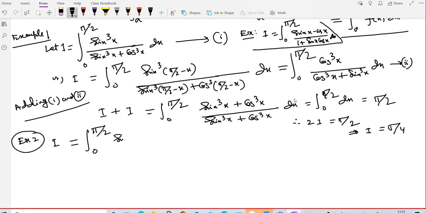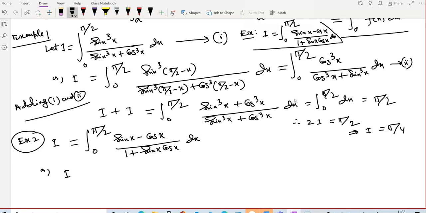The integral from 0 to pi by 2 of sin x minus cos x. Always you take this form. In most of the sums, third property will be there. And after the first step, we are going to add two equations. Always I plus I. See, let me use the property here.